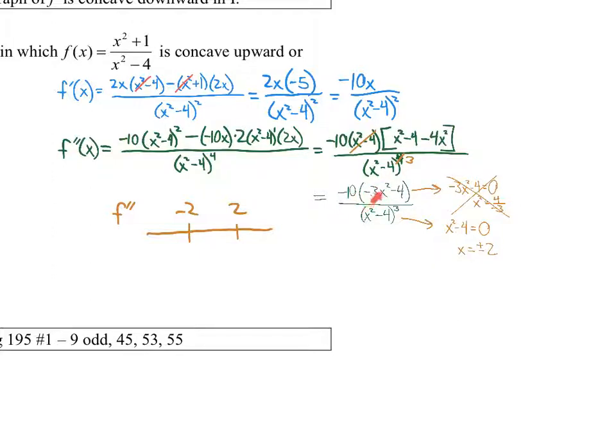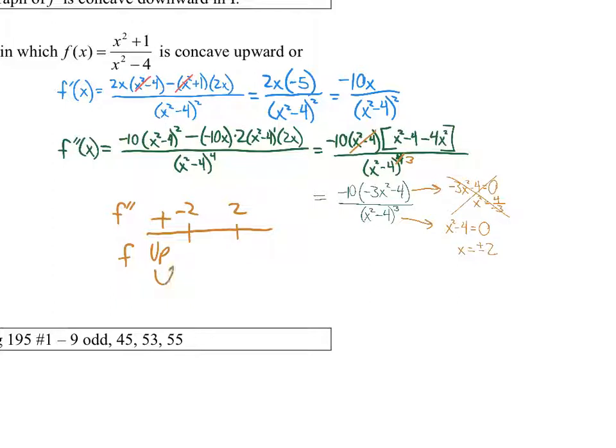So I have now a negative minus 4. So that's going to be negative, times a negative on top. So that's going to be a positive. If I do negative 3 squared, I have 9 minus 4, which is 5. Cubed is positive. So I have a positive over a positive. So it's positive. So that means f is concave up.